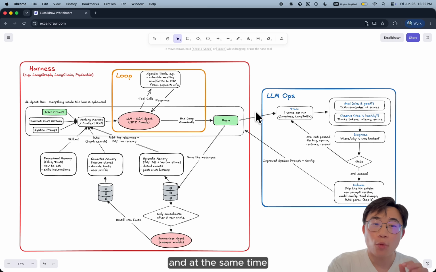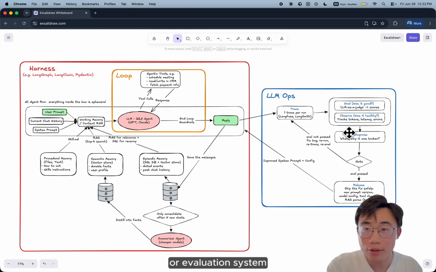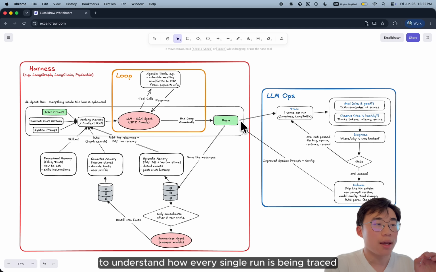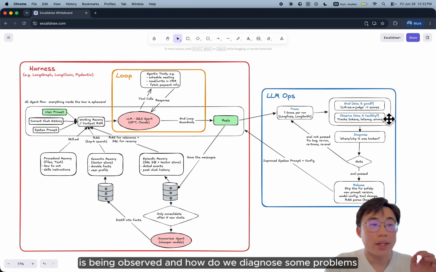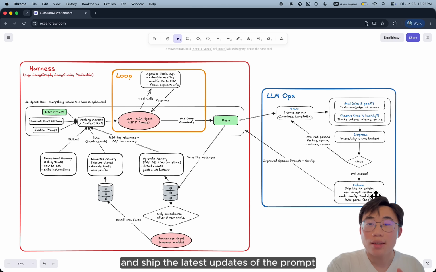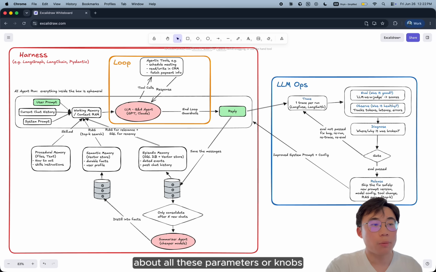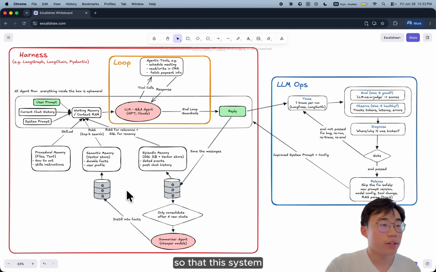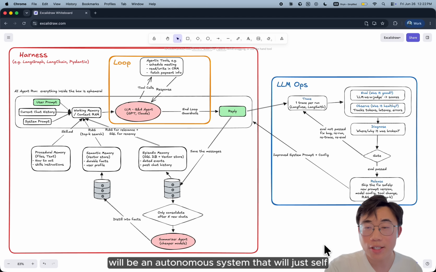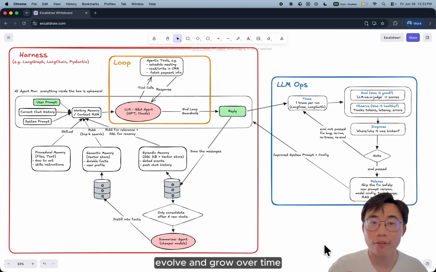At the same time, we have a health checking or evaluation system to understand how every single run is being traced and observed, and how we diagnose problems, fix them, and ship the latest updates of the prompt, the model configuration, and all these parameters or knobs that need to be updated, so that this system will be an autonomous system that will self-evolve and grow over time.